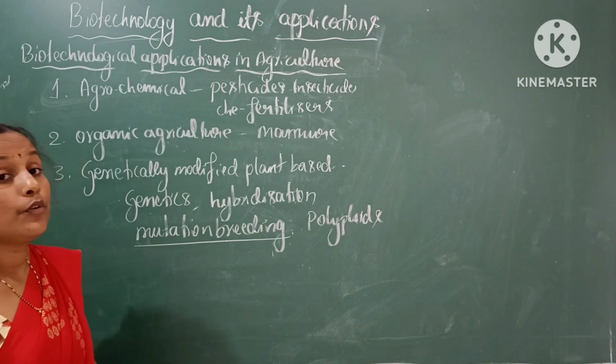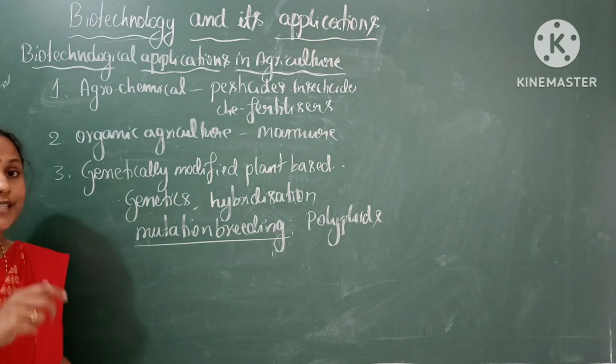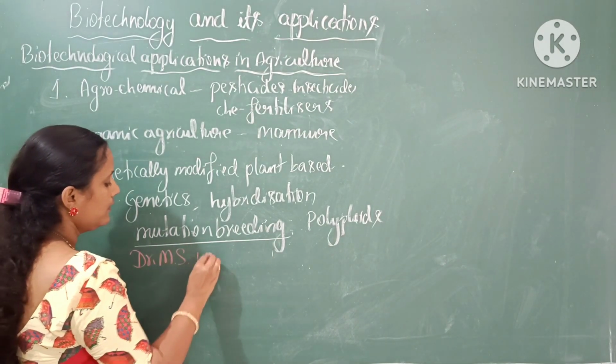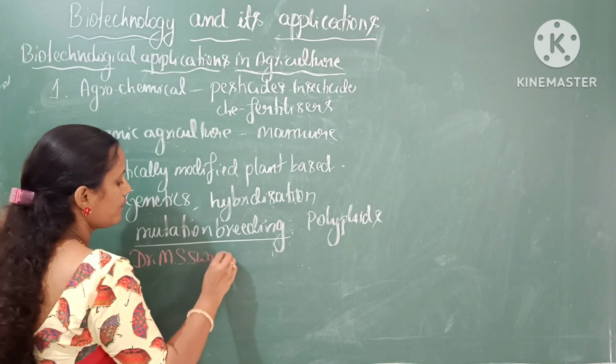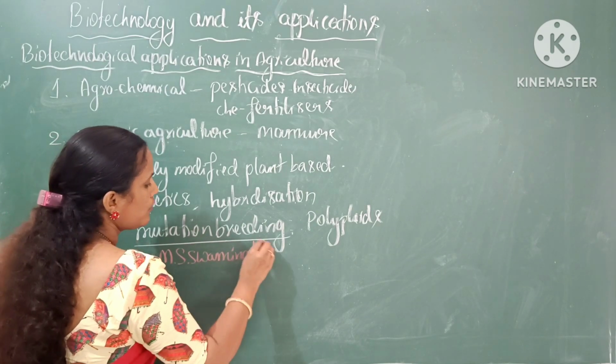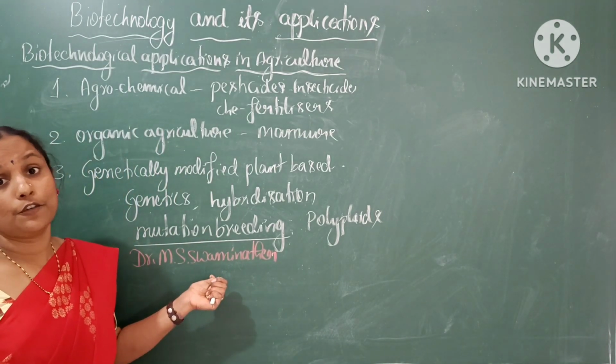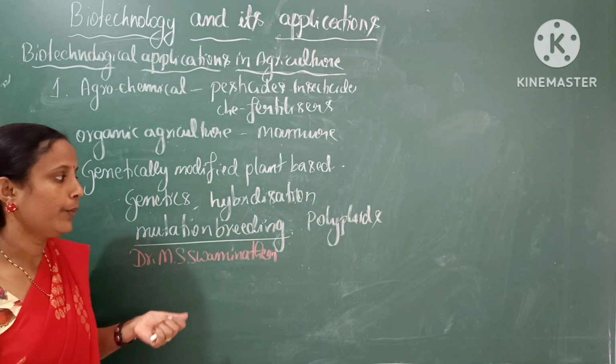In India, the mutation breeding technique was first introduced by Dr. M.S. Swaminathan. Hence, he is called the father of mutation breeding in India and is also known as the father of the green revolution in India, as you know.